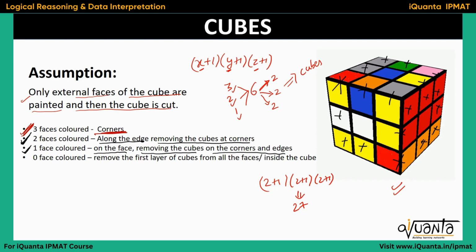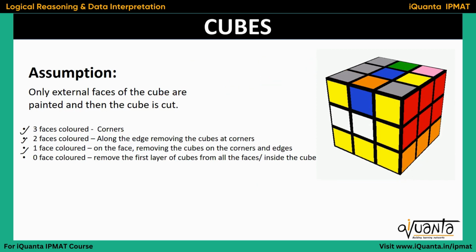So the cubes left are these, this particular cube, this one, and a few at the back side which are not visible. So in most of the cases you have to visualize the whole cube. So cubes with 1 face colored are present on the face, removing the cubes on the corners and edges. I hope it is clear to you.